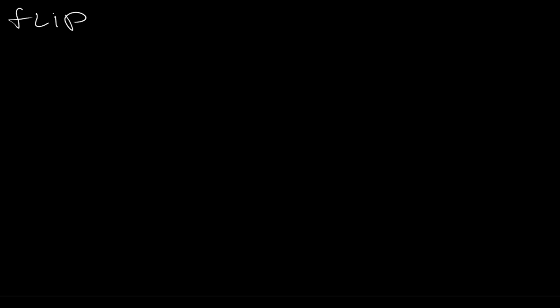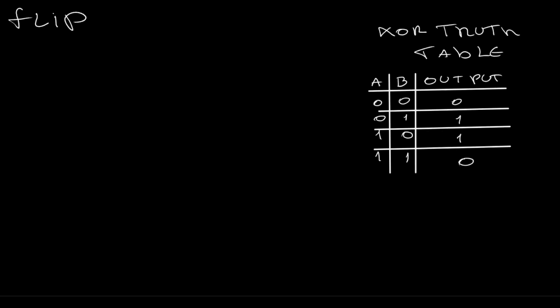Now, to flip a specific bit, all we need to do is use the XOR operation. If you remember the XOR truth table, you see that every time we have different input, we have the value 1 in the output, and every time we have the same value in the input, we have the value 0 in the output.